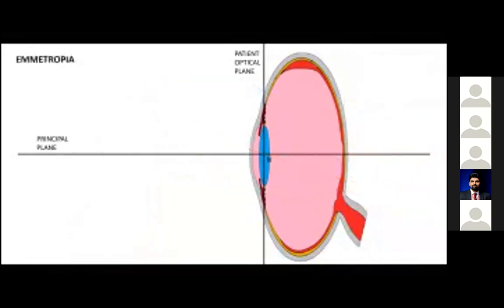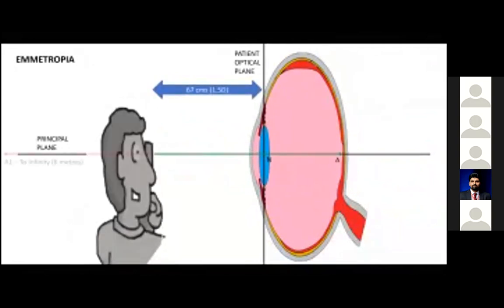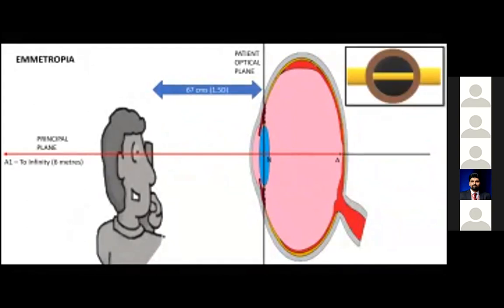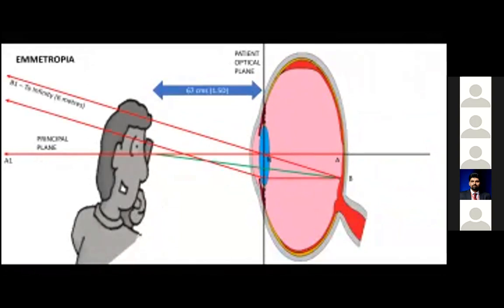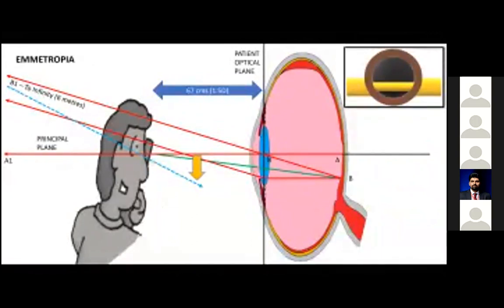And coming to emmetropia, point A of the retina projects to point A1, which is at infinity behind the observer. And on moving the retinoscope down, the projected point B1 will again be behind from infinity, and when we draw the blue line, it has a downward motion with respect to the principal plane. So that is why in emmetropia we get a with motion.